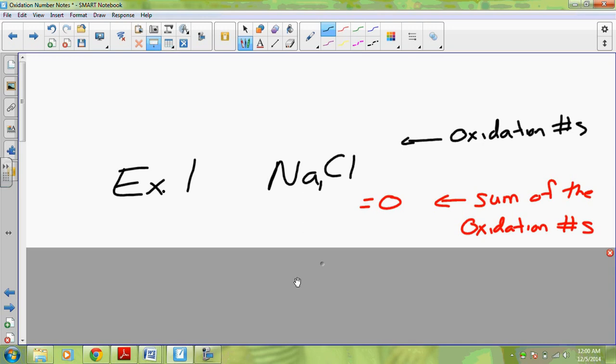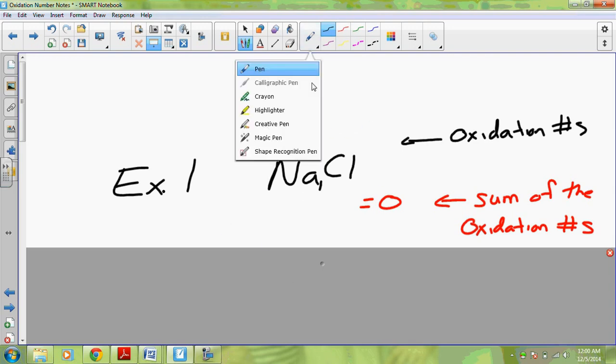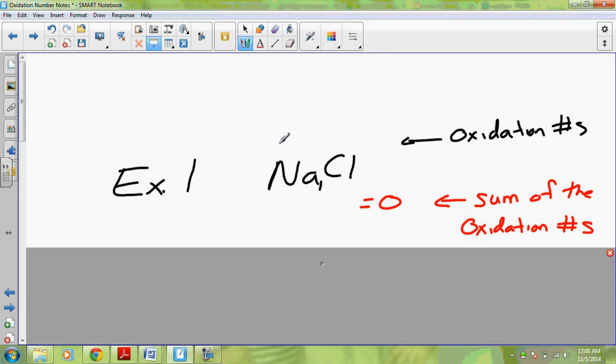So how this is going to be written out is example number 1. NaCl, sodium chloride, our standard salt solution. Across the top here, your numbers are going to be here.